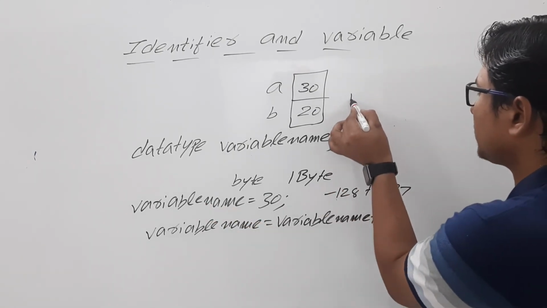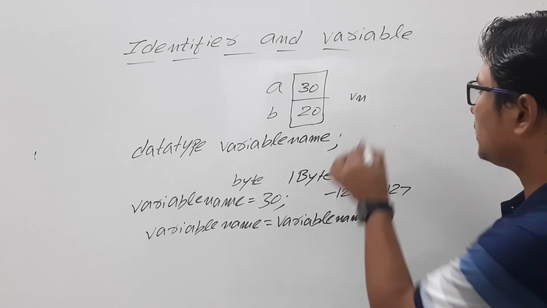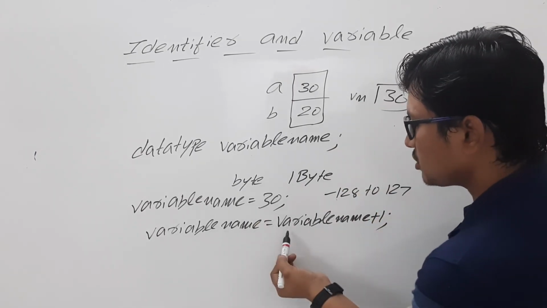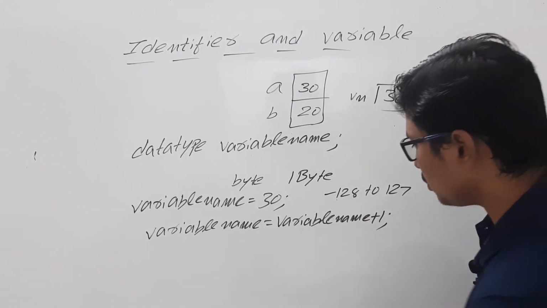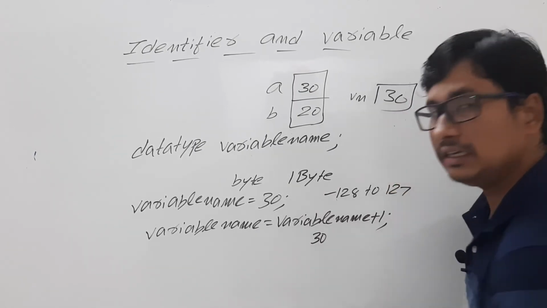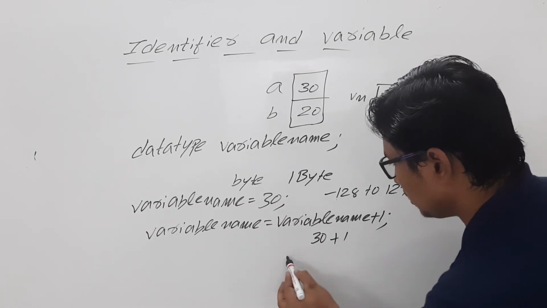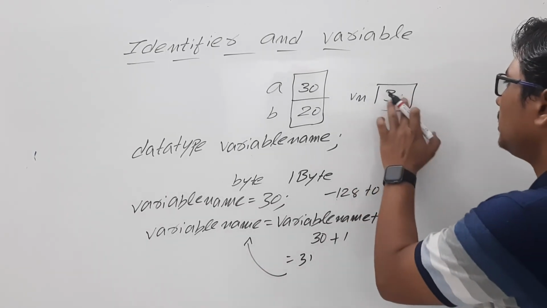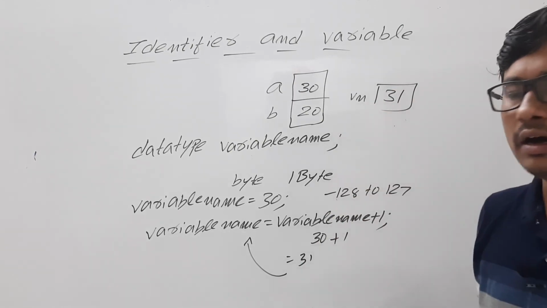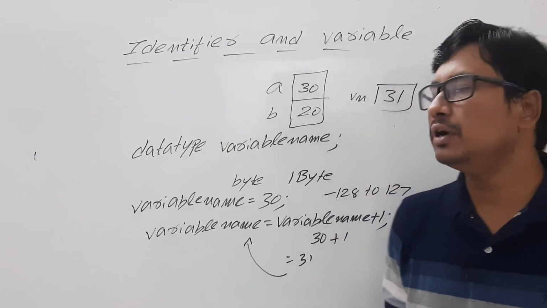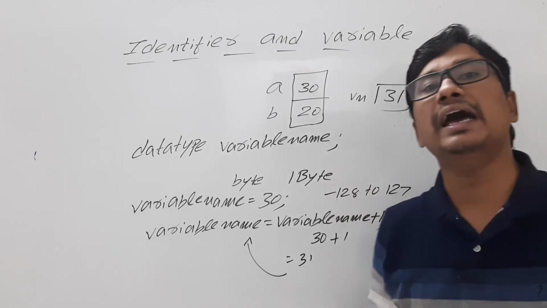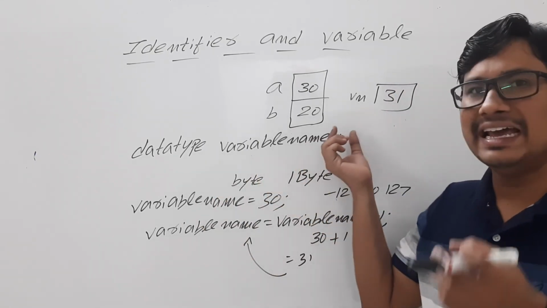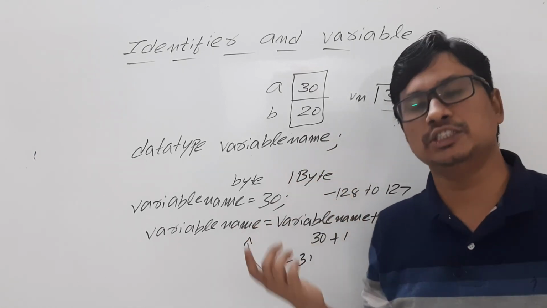Let me write it as a shortcut, vn. Initially it has the value 30. Then you have written variablename equals variablename plus 1. So variablename already has 30, 30 plus 1 is 31, and that 31 will be stored back in variablename. So next time if you access variablename, it will have the value 31, and 30 will be erased. So a variable can store a single value at a particular instant of time.